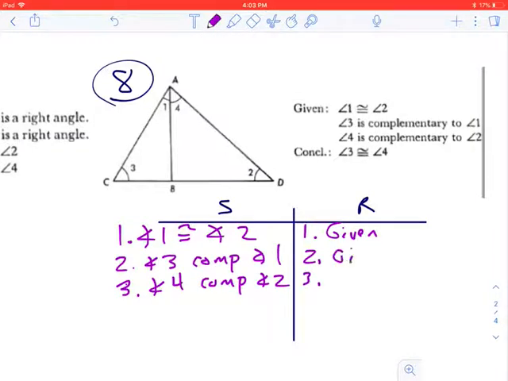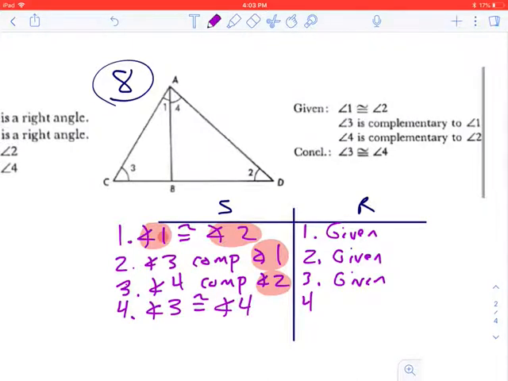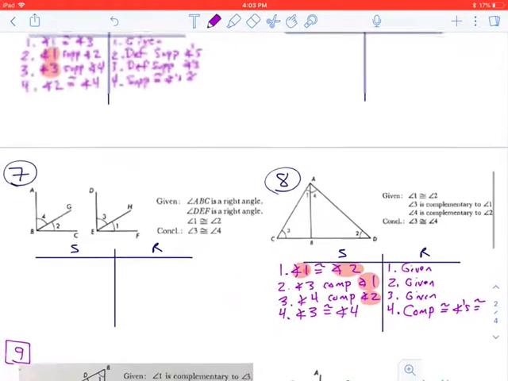These are all givens, first of all. A lot of free points on this one. But this one's simple because we already have 1 congruent to 2. So if 3 and 4 are complementary to 1 and 2, that means angle 3 is congruent to angle 4, for the same reason as supplementary, but this time it's complements of congruent angles. Makes them congruent. Okay?